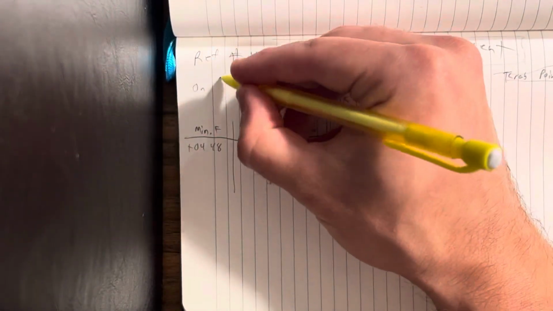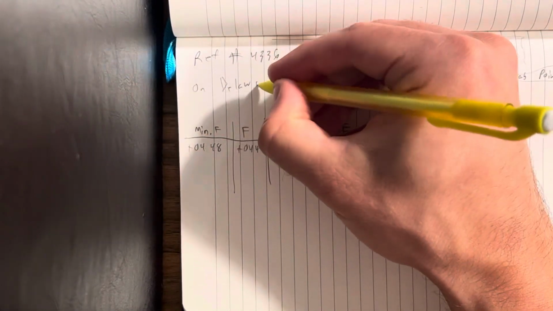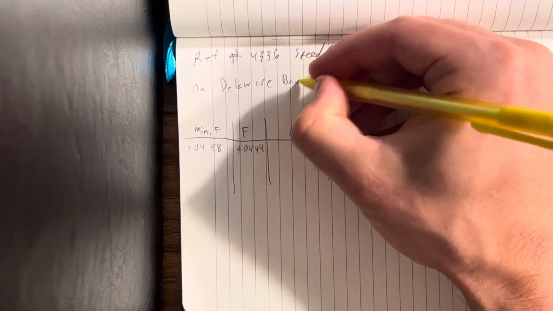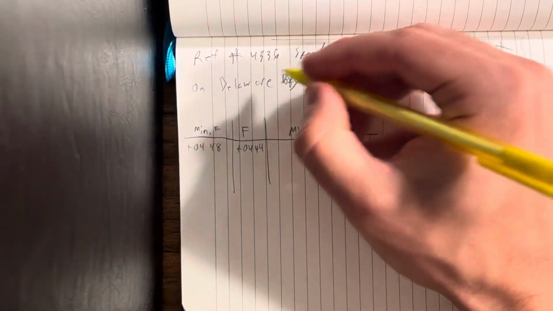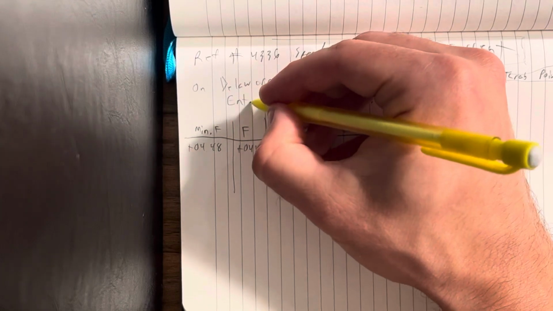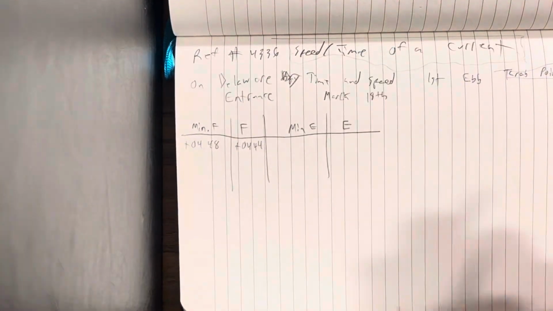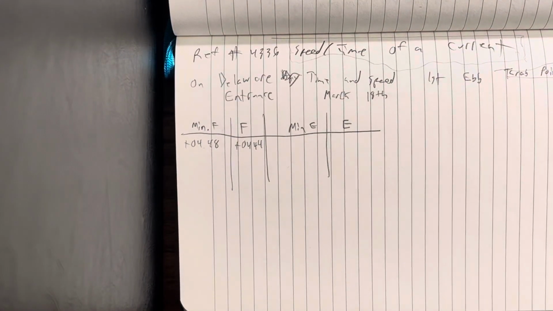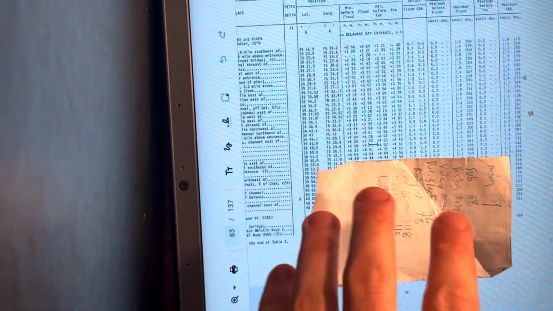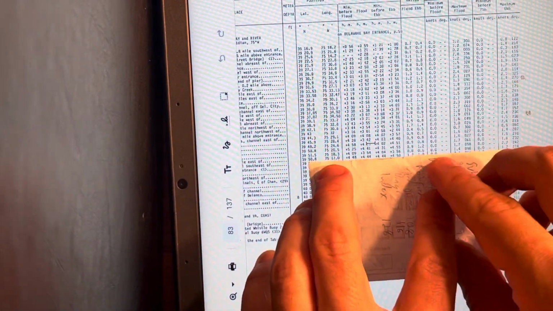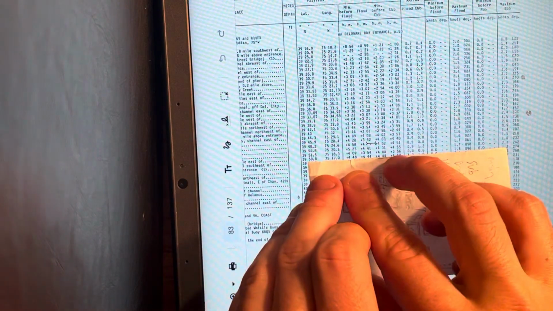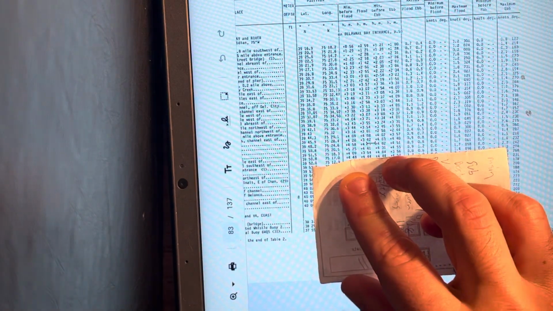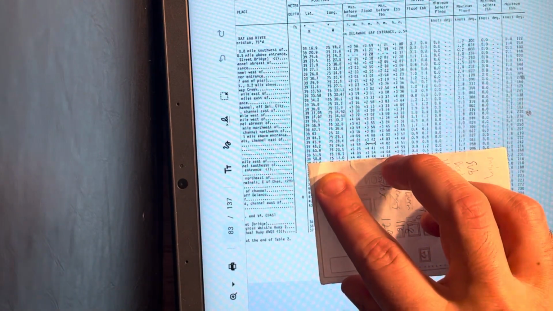And we'll just write here so we don't forget, on Delaware Bay, or river entrance, Delaware River entrance. So now we'll get the information for the ebb currents. Okay.